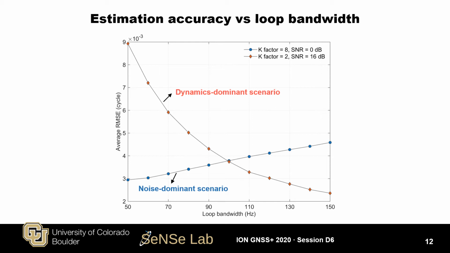Therefore, a smaller loop bandwidth is beneficial for obtaining a smaller root mean square error. Whereas channel dynamic error is the dominant component in the carrier phase error for the dynamics dominant scenario, the root mean square error decreases with the increasing loop bandwidth. These results indicate that the loop bandwidth should be set considering both signal power and channel dynamics.